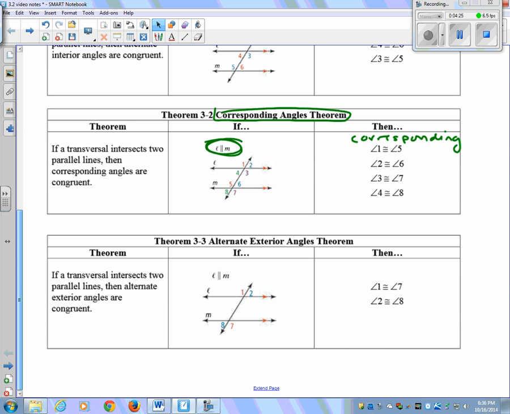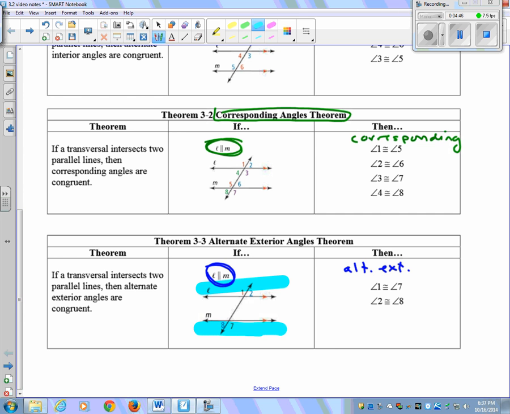The last theorem says alternate exterior angles are congruent, if the lines are parallel again. So 1 and 7 are alternate exterior angles. Exterior, remember, if the interior is between the two lines, the exterior is going to be not between the two lines. So up here and down here, these are exterior angles.